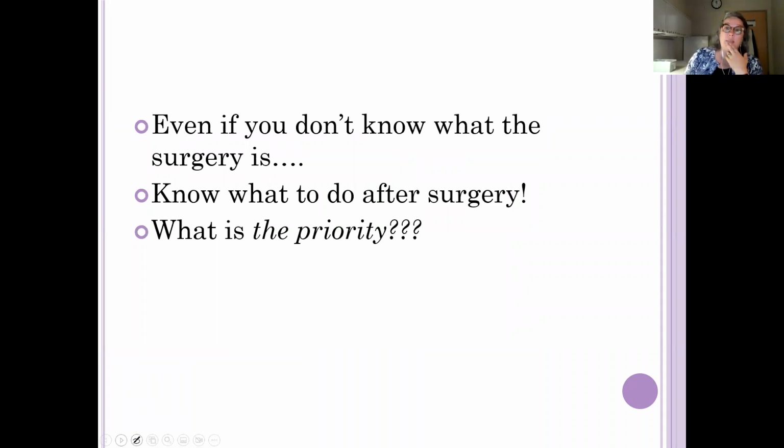So there are times where those surgeries are written in medical terms, and it's really sometimes confusing to understand what the medical thing is.